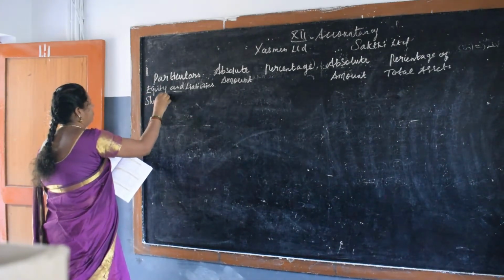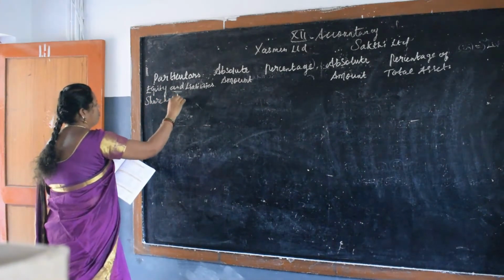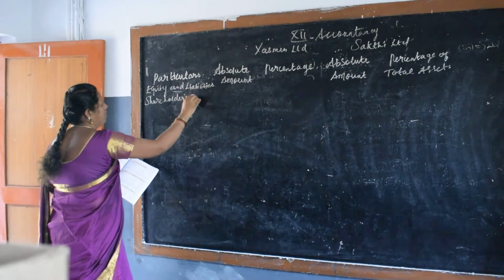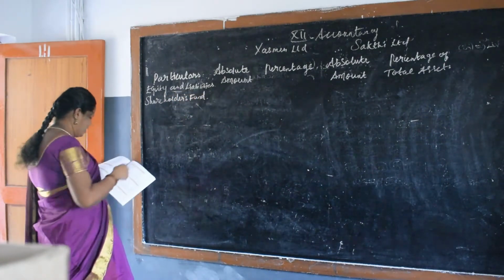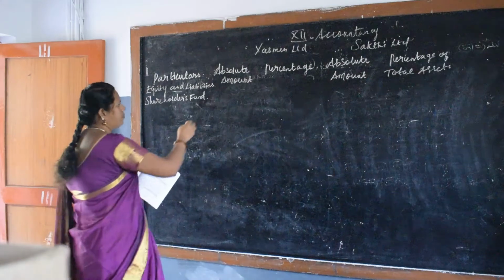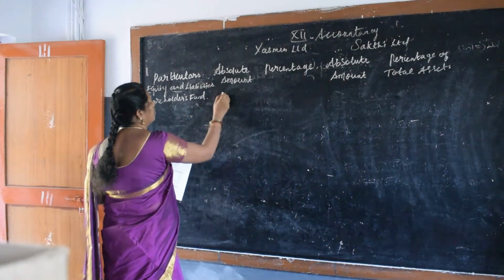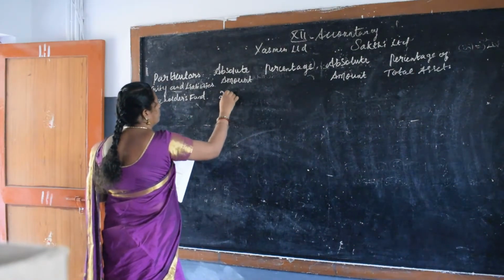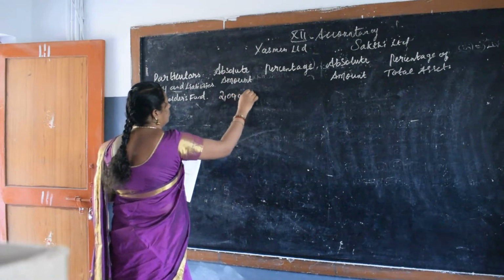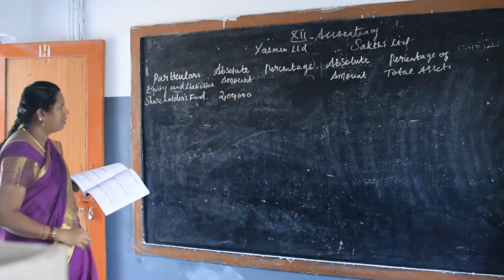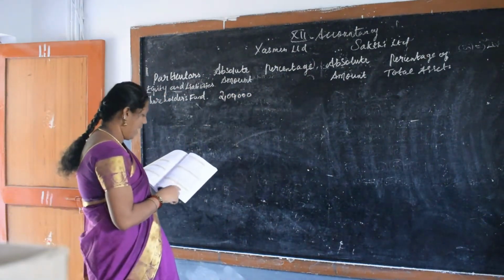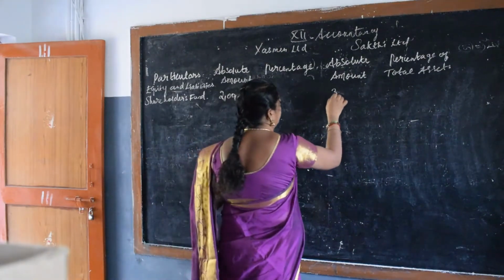Shareholders' fund is 2 lakh. For Yasmin it is 2 lakh and for Shakti it is 3 lakh.